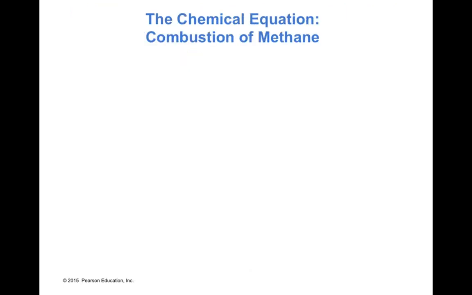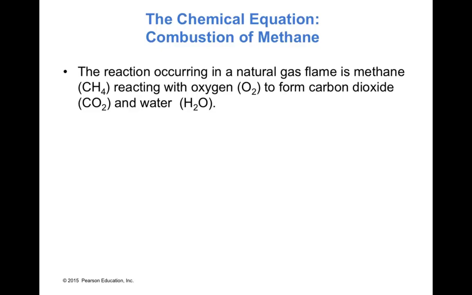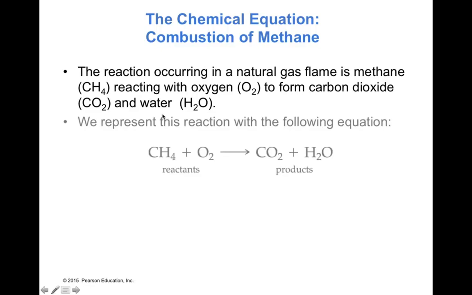So let's see an example. The chemical equation for the combustion of methane. The reaction occurring in a natural gas flame is methane, CH4, reacting with oxygen, O2, to form carbon dioxide, CO2, and water. We represent this reaction with the following equation. This is the chemical equation.